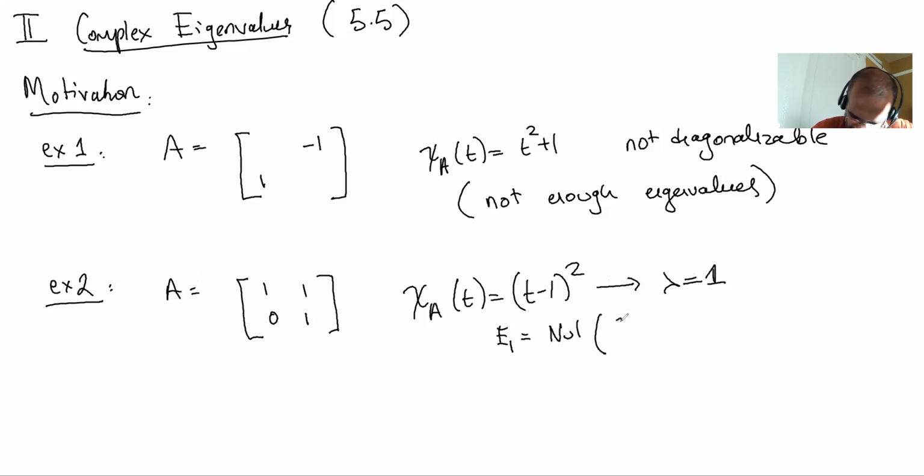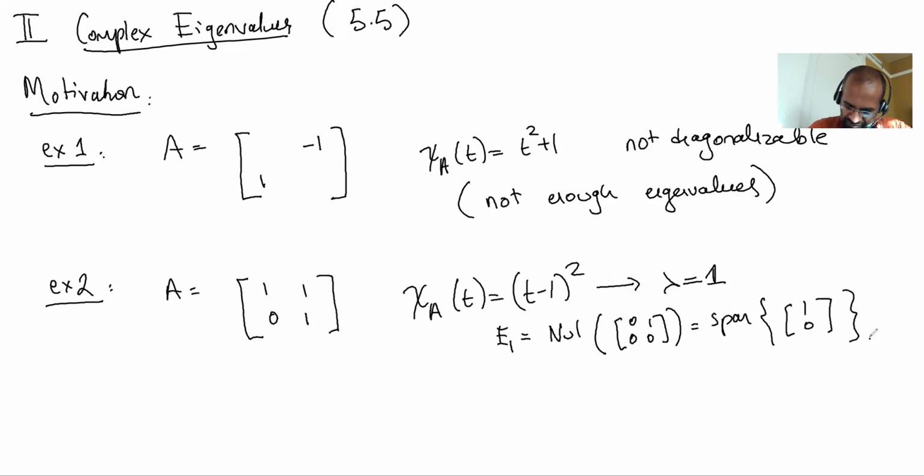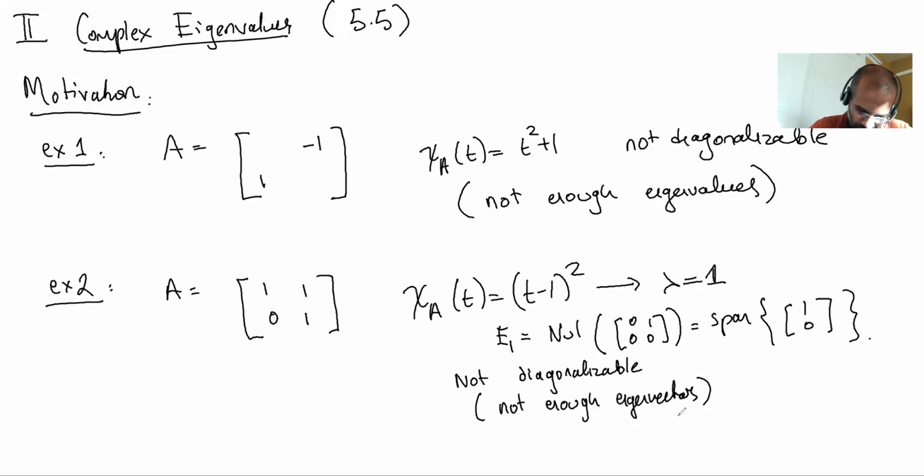It's the null space of this matrix, which is the span of this vector. This is also not diagonalizable. In this case, you have not enough eigenvectors. Okay, so this matrix was a rotation by pi by 2.